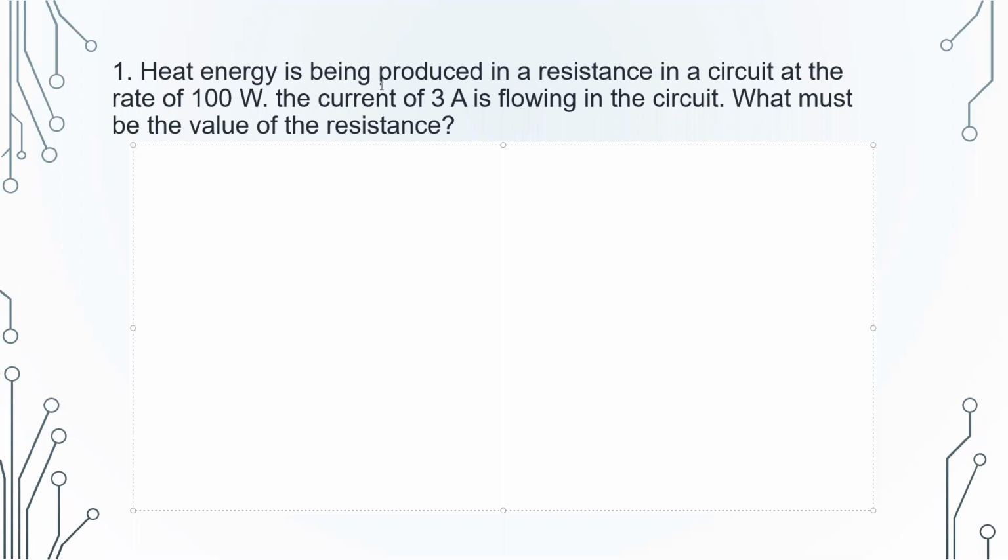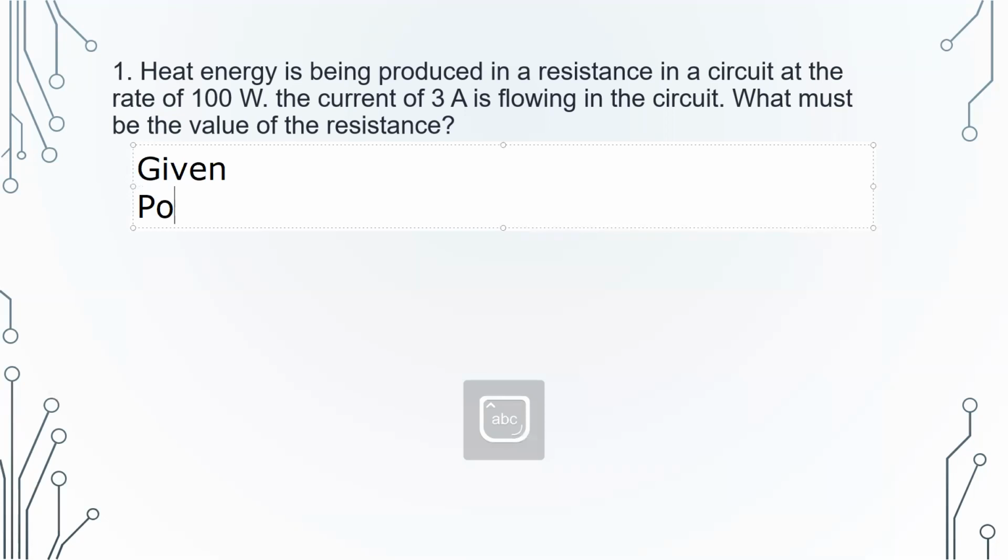Heat energy is being produced in a resistance in a circuit at the rate of 100 watt. The current of 3 ampere is flowing in the circuit. What must be the value of resistance? So from the question we can write, given, power is given.